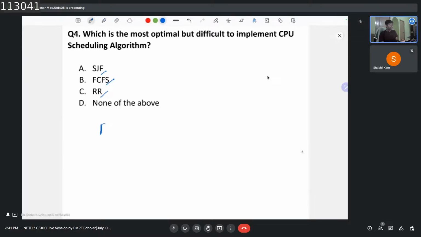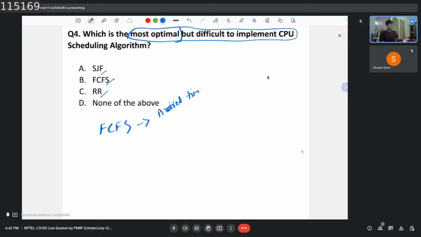The question asks which is the most optimal but difficult to implement, so we'll concentrate on the most optimal aspect first, because difficulty is separate. So FCFS, is it an optimal version? No, because whichever process came first, based on the arrival time, would be executing on the CPU.